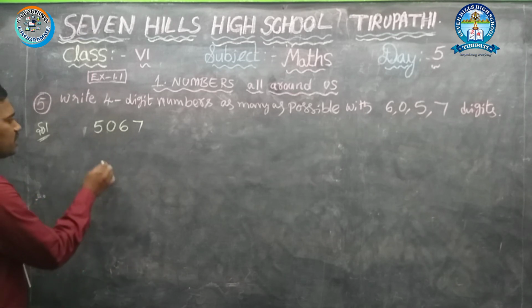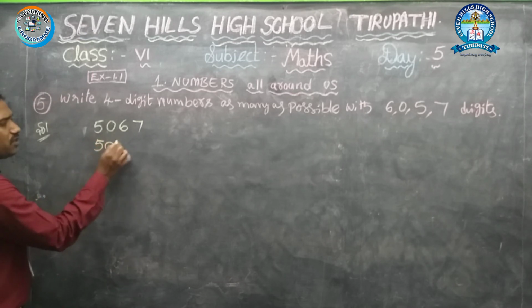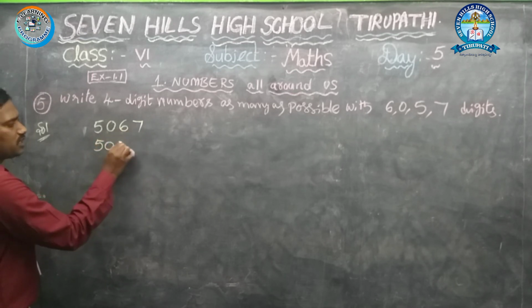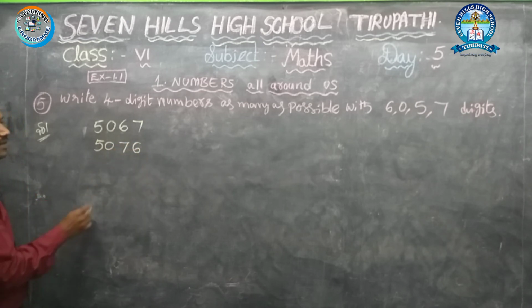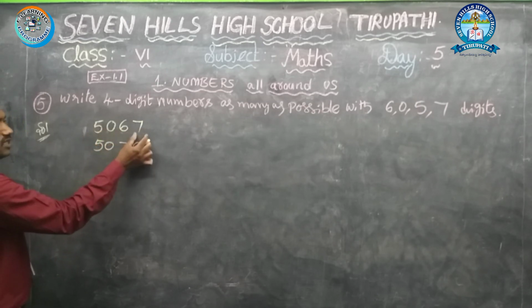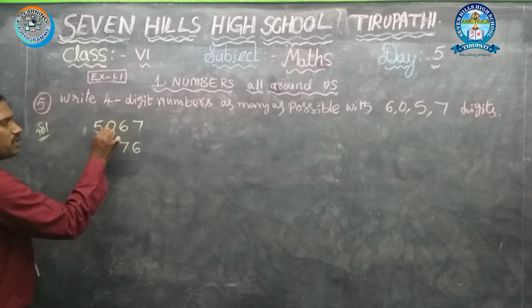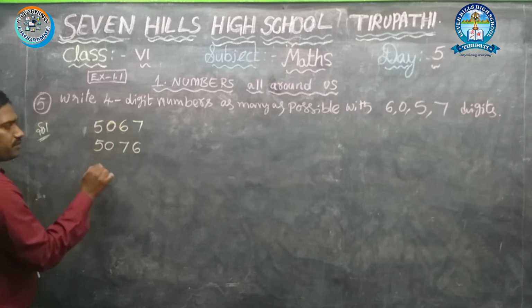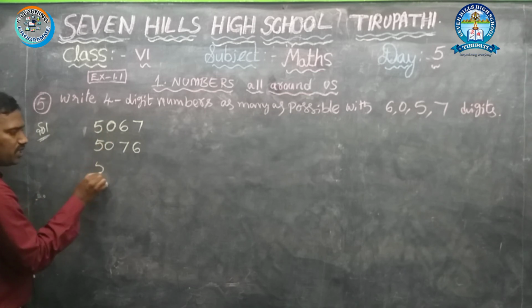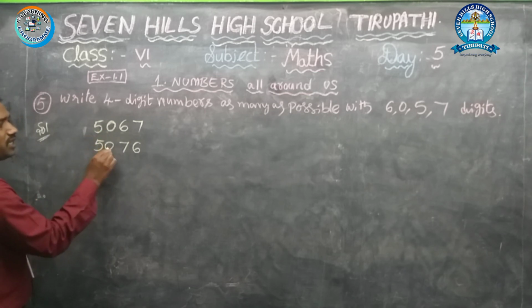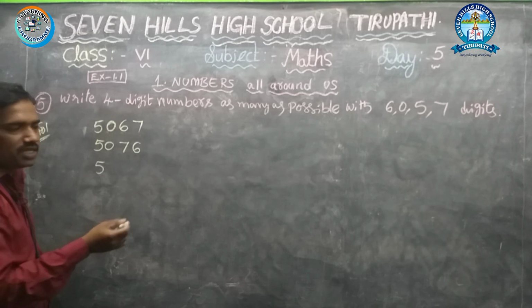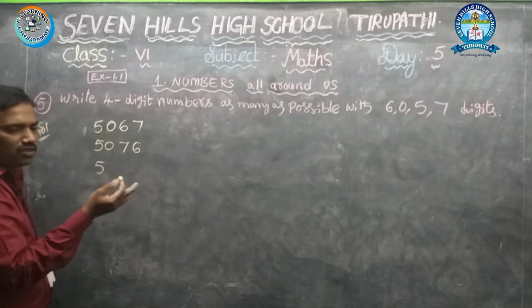After that, in 50, replace these 2 digits, 7 and 6: 5067, after that 5076. Now in the 5 series only, after 0 the smallest number is 6 or 7, 6 only, right?